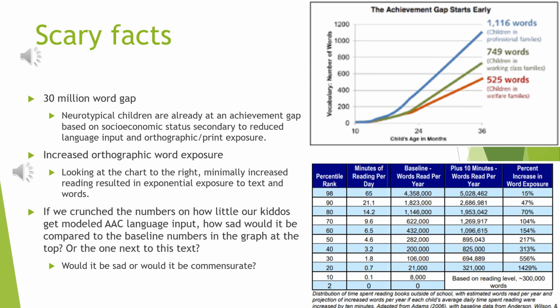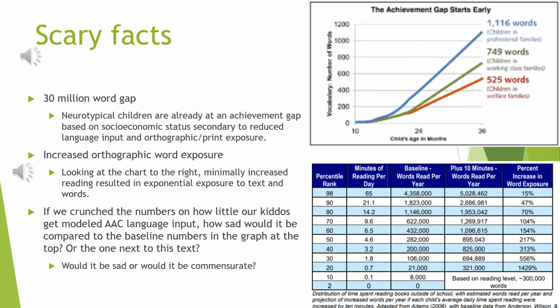Don't worry though, it wouldn't be very Miss Vaughn of me if I didn't point out a problem that I feel I already have a solution to. So even though this is a very unfortunate reality, if we look at the graph underneath, or the table rather, a minimal increase in reading resulted in exponential exposure to text. So even though our kiddos might start off at a disadvantage and might not have a lot, if we consistently make these small changes, it has an explosive and positive effect.